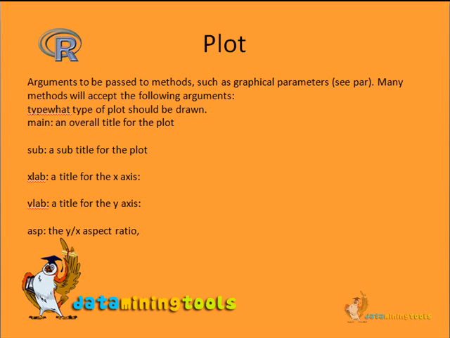Okay, these are different arguments which can be used. We have main, that is an overall title for the plot. Sub will give us a subtitle for the plot. Xlab gives a title for the x-axis. Ylab gives a title for the y-axis, and asp gives the y by x aspect ratio. By default it sets to whatever is appropriate, but we can also set it ourselves.